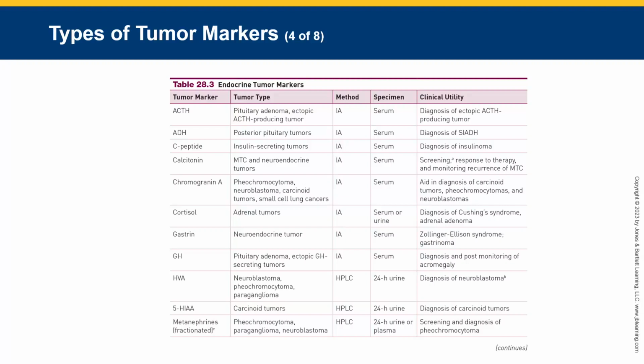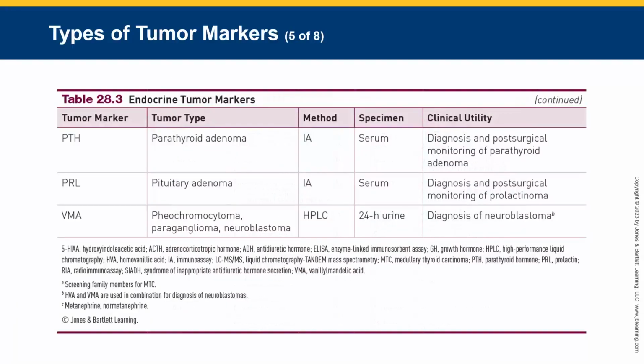The pancreas has some endocrine function. So you can pause the video, take a look at this, and read through this entire table of different types of tumor markers that we can use to either diagnose, screen, or check the prognosis of particular tumors. And the table continues on this page, so you can again pause the video and take a look at these.